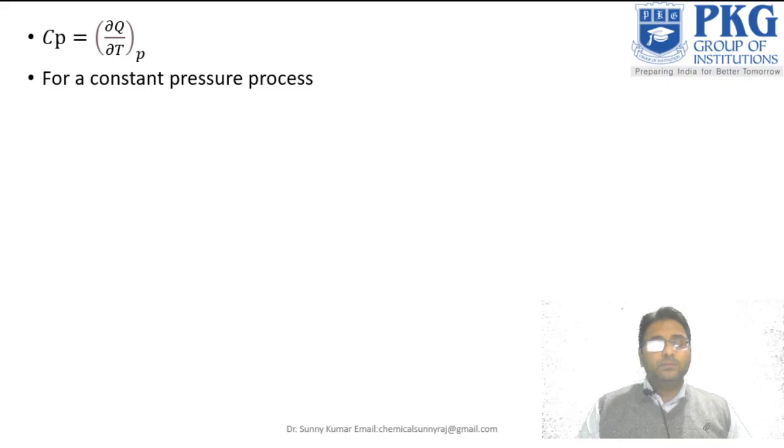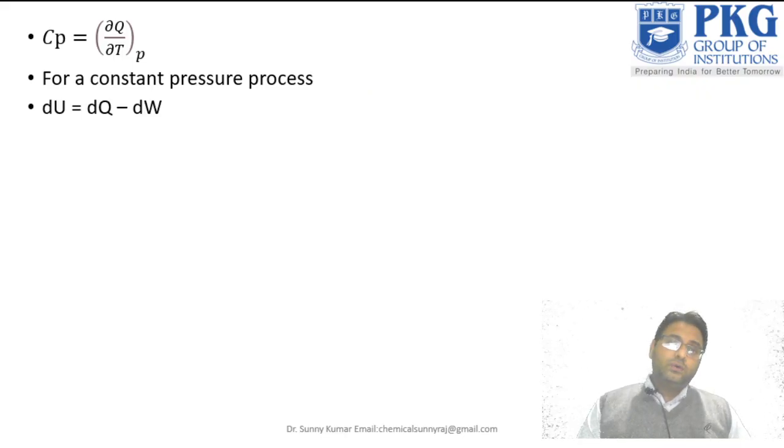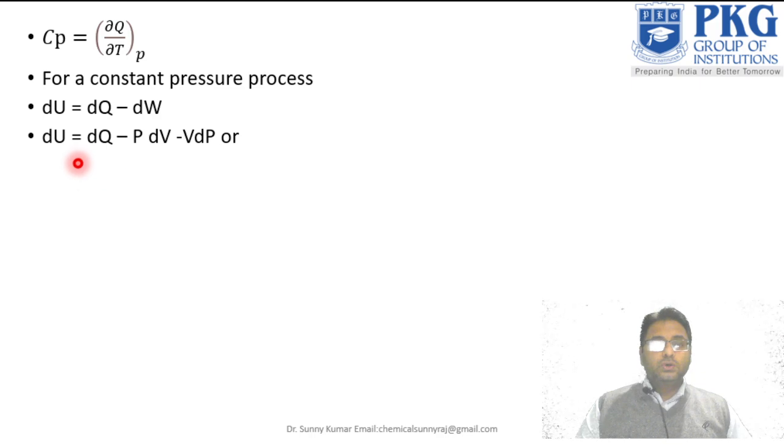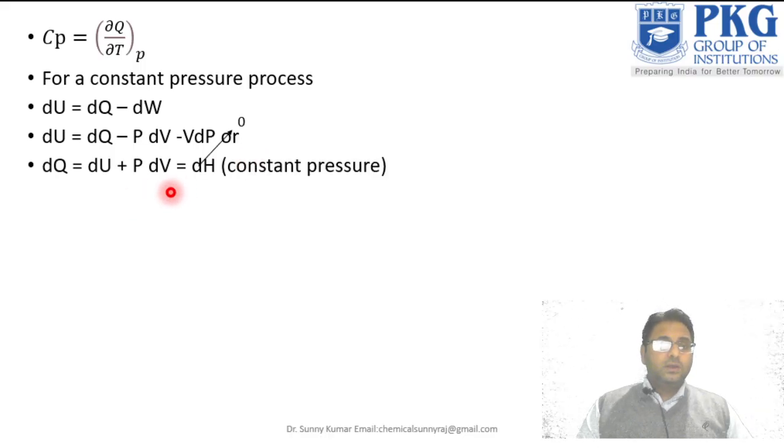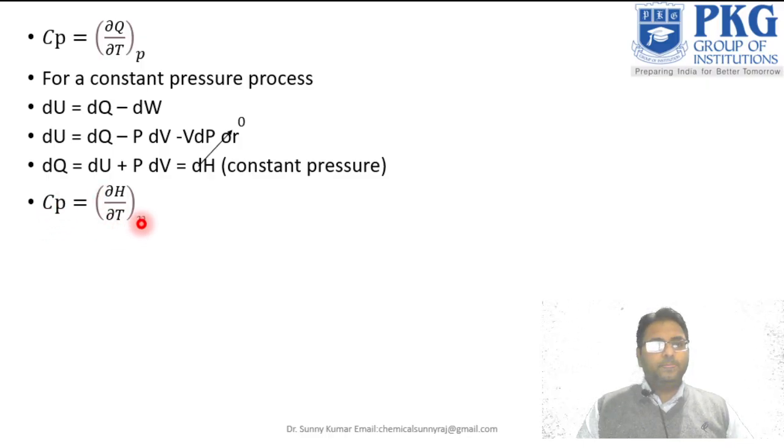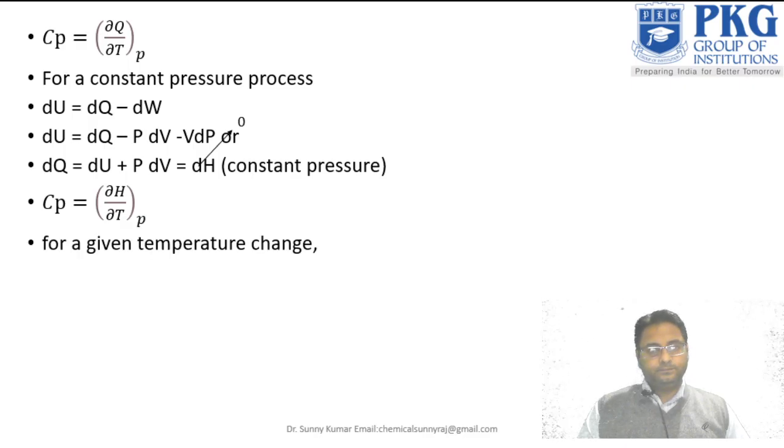And for a constant pressure process, we know the equation ΔU = ΔQ - ΔW, which is p dV minus V dP. In this V dP term, the pressure is constant, and this dQ will equal dH. So this Cp will be ΔH/ΔT at constant pressure.